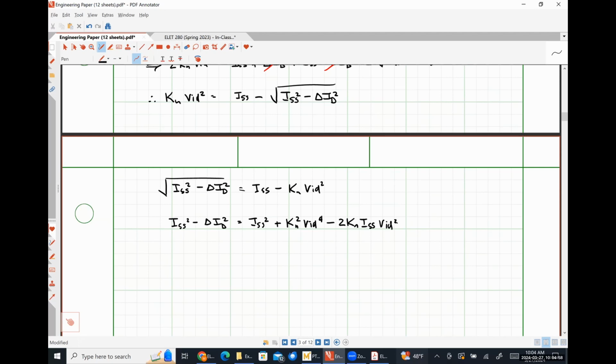We have an ISS squared on both sides of the equal sign here, so we can get rid of those.